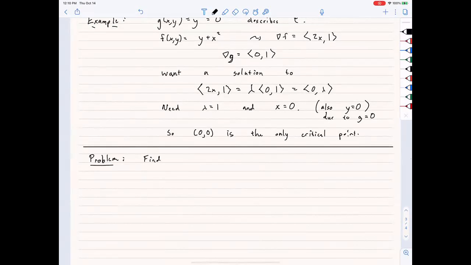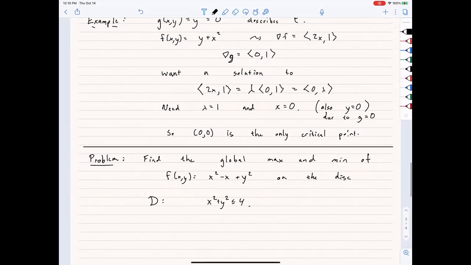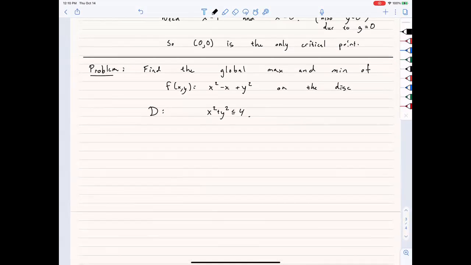Find the global max and min of the following function, f of x, y equal to x squared minus x plus y squared, on the disk, and call it D just for notation's sake: x squared plus y squared is less than or equal to 4.